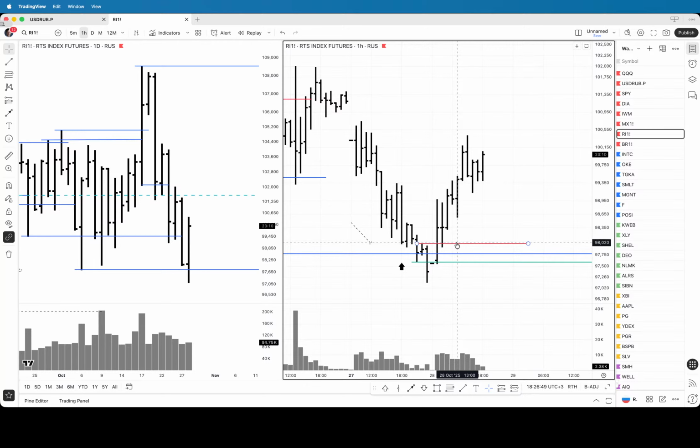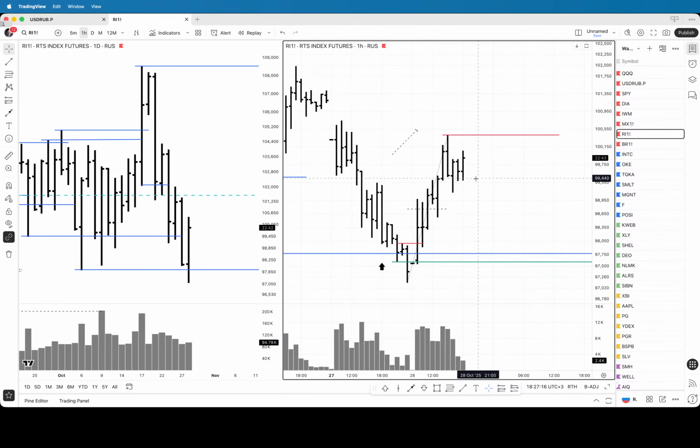Weird volumes. 0.5. And that's it. That's a supporting bar, non-volume spring, and that's it.